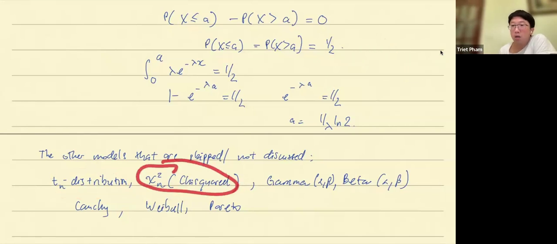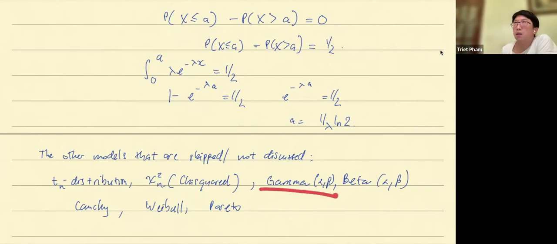A chi-square, if we have 1 degree of freedom, is the square of a standard normal. If you have n degrees of freedom, it's the sum of squares of n independent standard normals. The gamma, in some way, is a generalization of the exponential, or sum of exponential random variables.